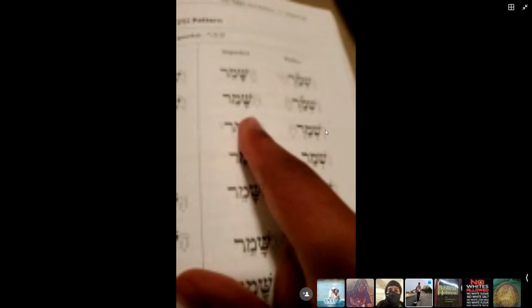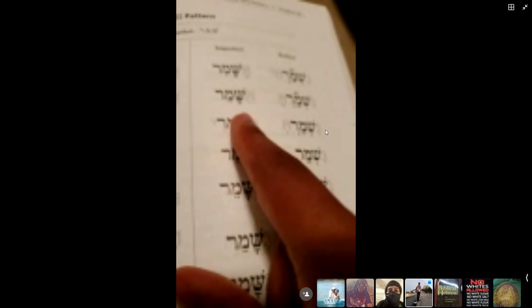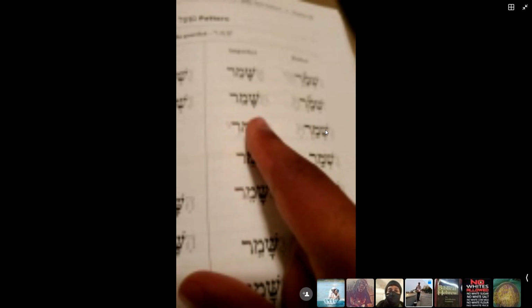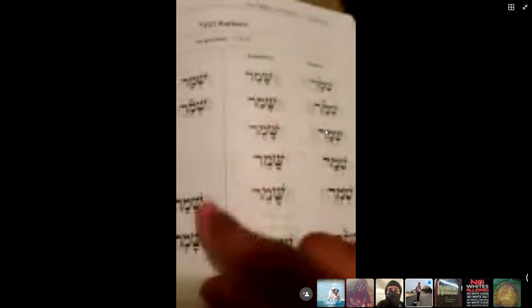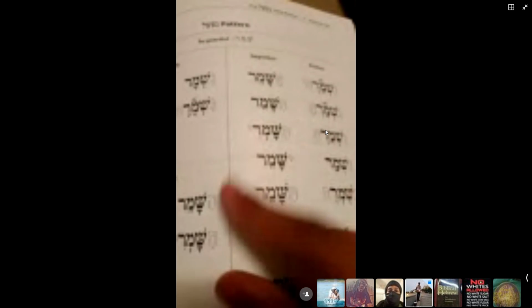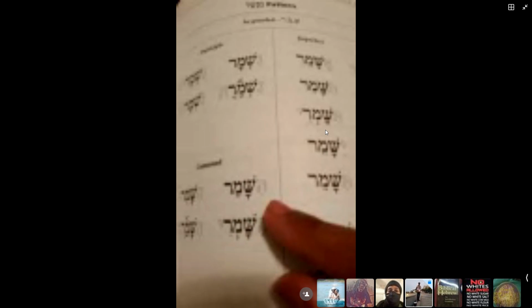But Hebraically, you do have a different form to differentiate between the future tense and your command form, as you see between this and this down here. So it's just a slight change from a tau to your hey. Same vowels, but that change in the oat.